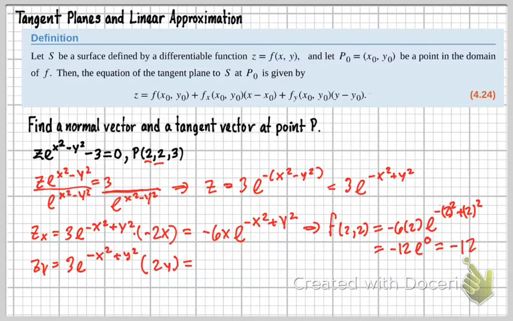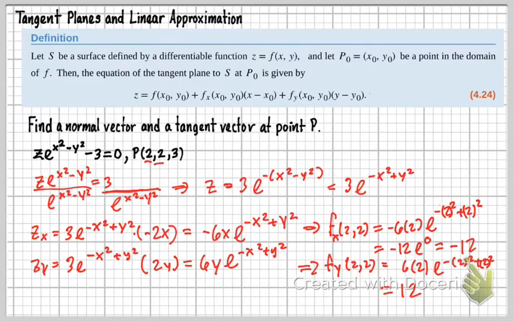So that equals negative 6y e to the negative x squared plus y squared. And then when I plug in, oh, I should have an f_y here, and I'm just going to plug in 2, 2 for that. Let me put that in too, just to be formal, which equals negative 12.